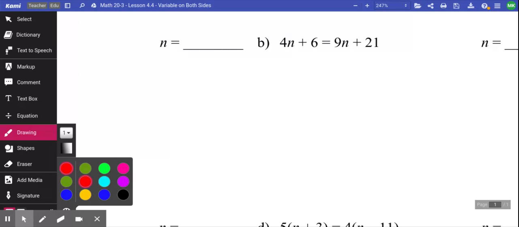Let's move the 4n to the other side by subtracting 4n from both sides. That'll move the n's so they're all on the right side of the equation, leaving me with 6 equals 5n plus 21.